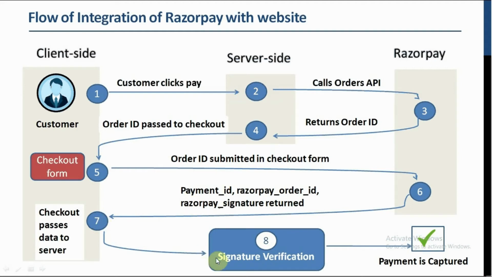Okay, then at the server side we need to verify the signature to check the authenticity of data returned by Razorpay. That is basically, the server will generate a signature for the payment ID and Razorpay order ID, and the signature should match the Razorpay signature.